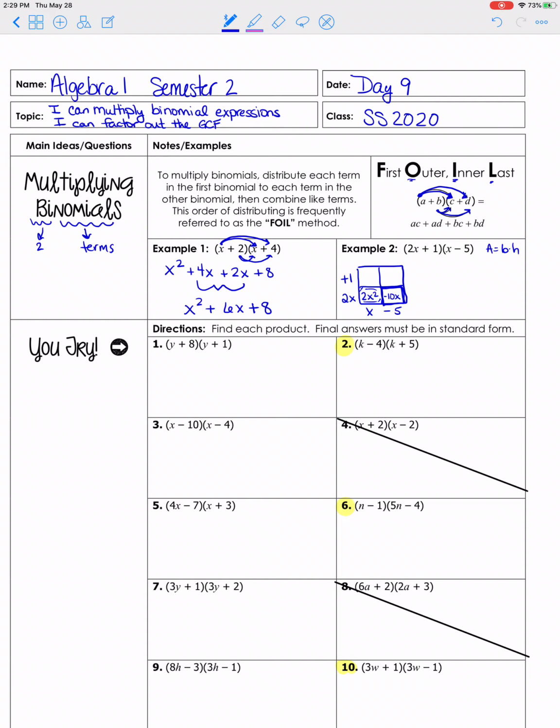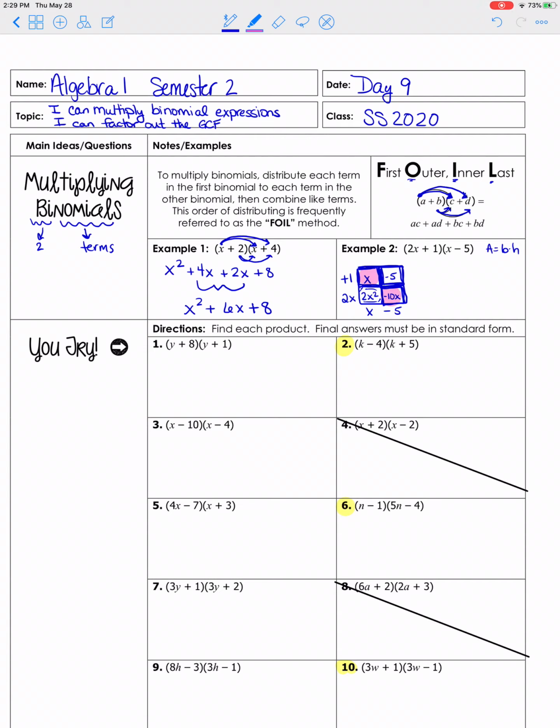Going across the top row, the top left, we would take x times 1, which is x. And then on the top right, we would find the area here, which would be negative 5 times positive 1, which is negative 5.